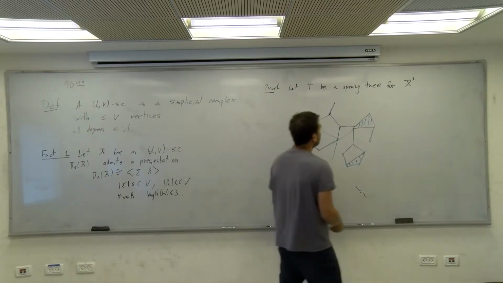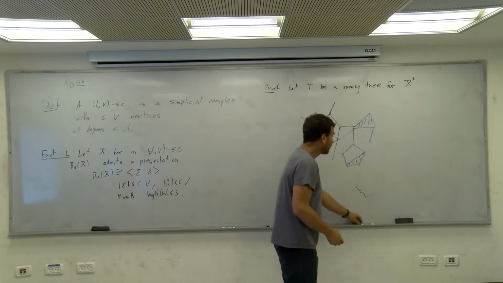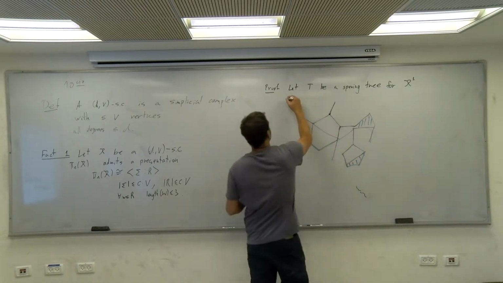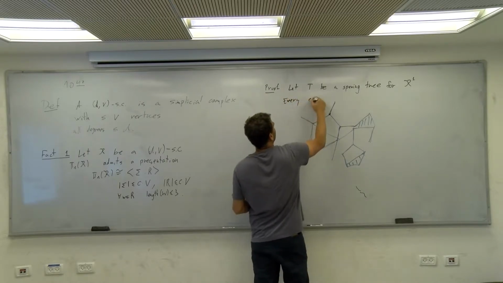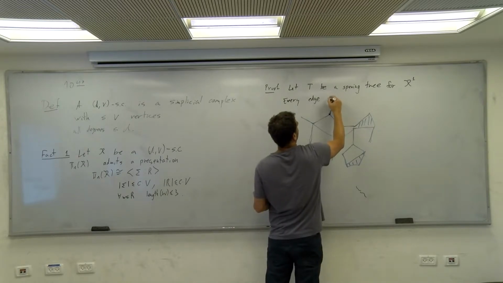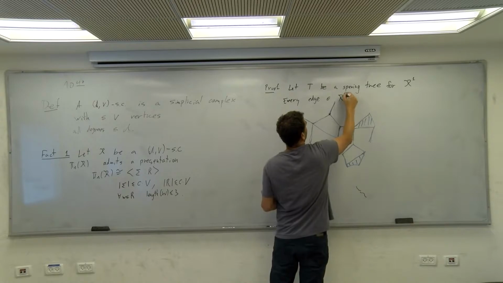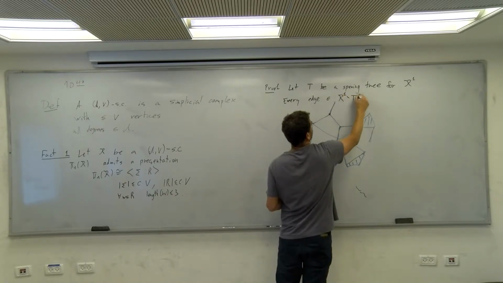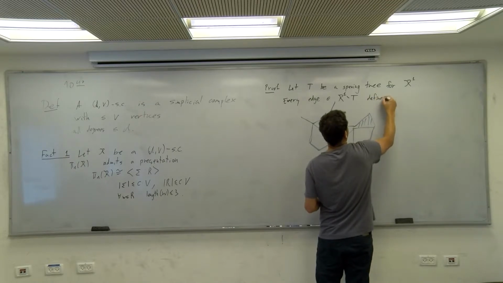And now for every edge which is not in the tree, I add a generator. Every edge which is in the first skeleton but not in T defines a generator.